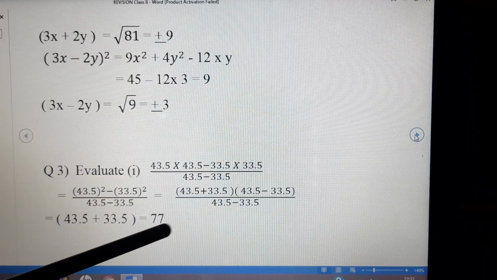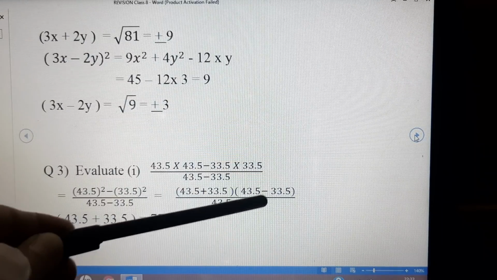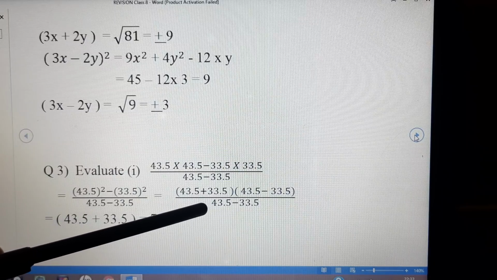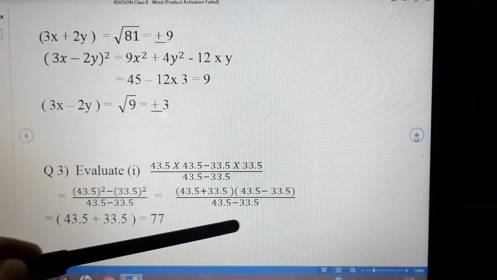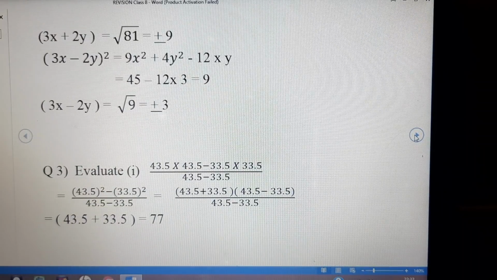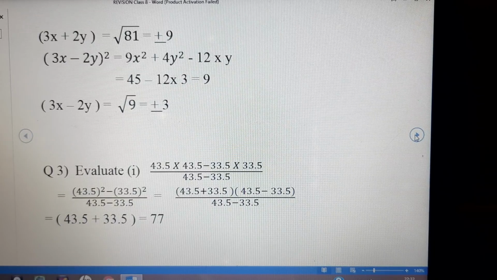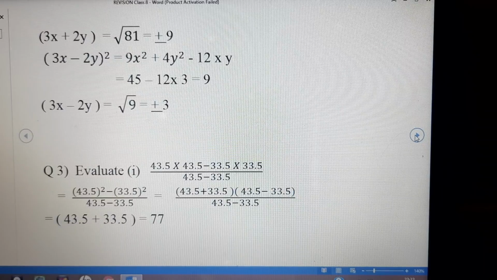So we actually saved 43.5 minus 33.5. This entire bracket, I have not written the bracket here, but this is the entire bracket, will be cancelled by this complete thing. So we will be left with 43.5 plus 33.5. That means 77.